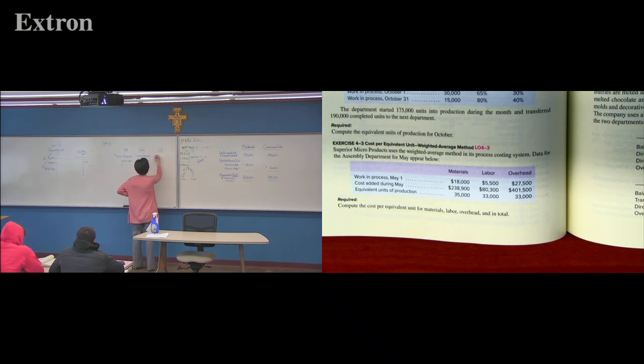And then lastly, overhead 27,500 plus 401,500 divided by 33,000 units. Okay, you guys with me?